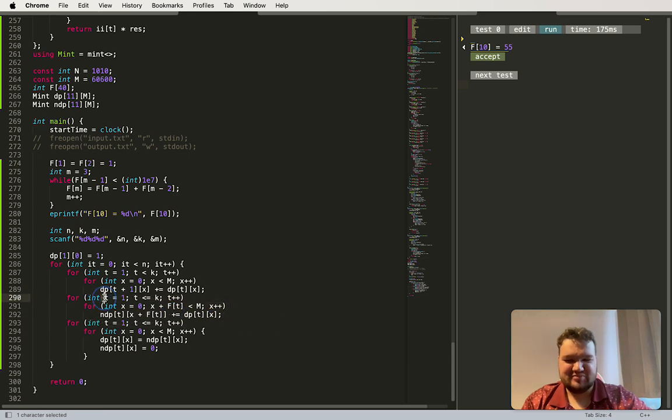So I'm staying in position T, my current sum is X, I will add Fibonacci of T to that sum, and I'm moving to the next layer now. And now I'm copying the next layer to the current layer and zeroing out the next layer, to not reuse the values that I had before, because I don't want that.